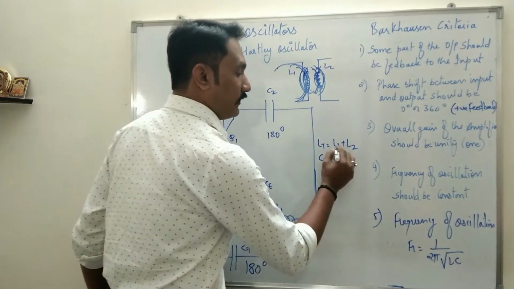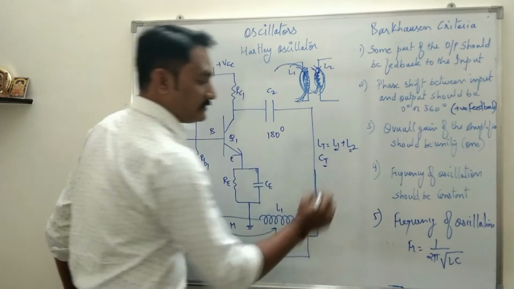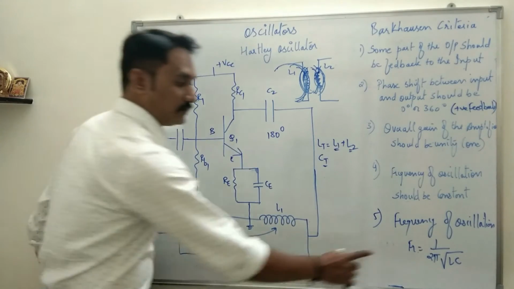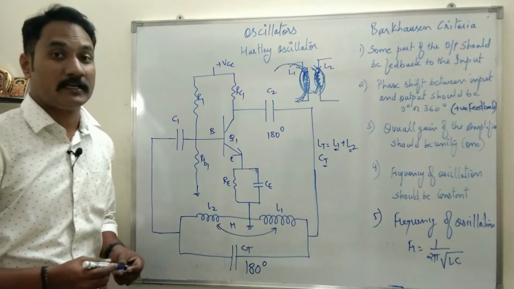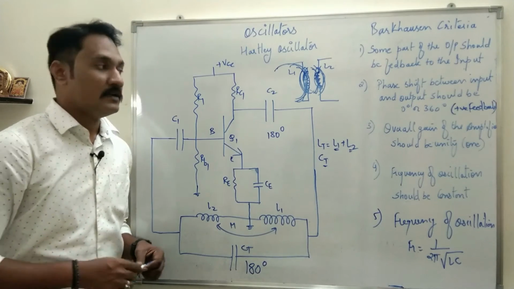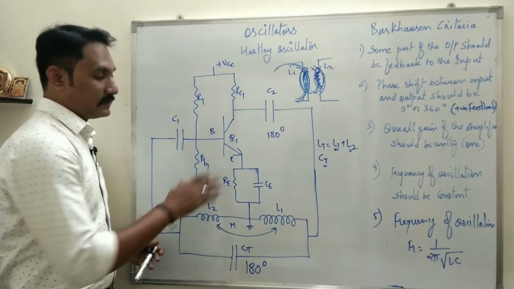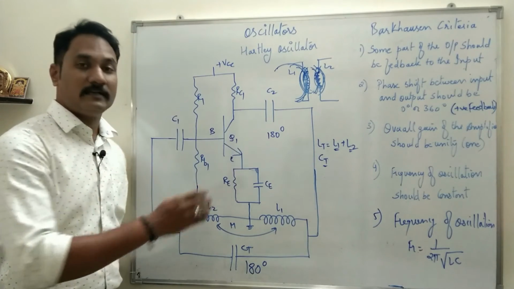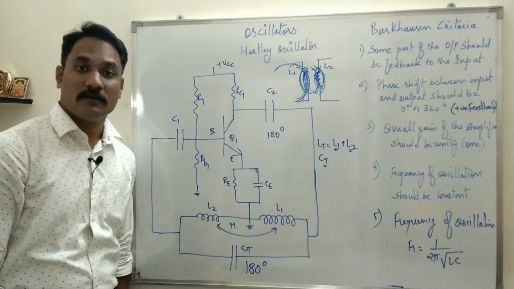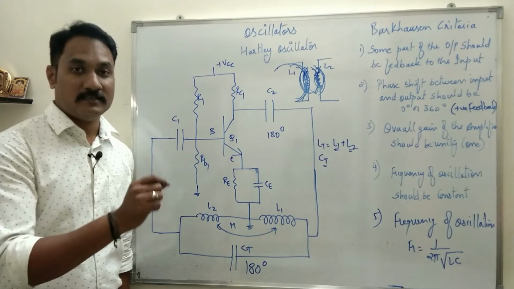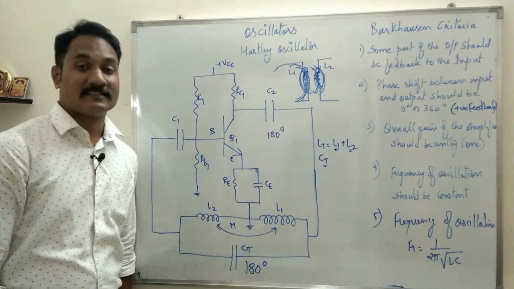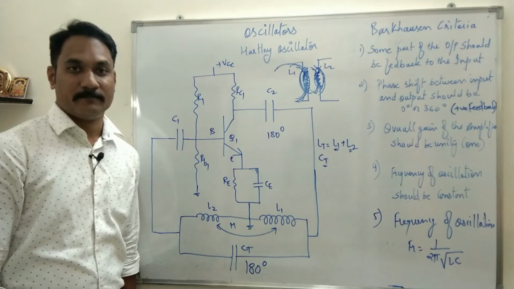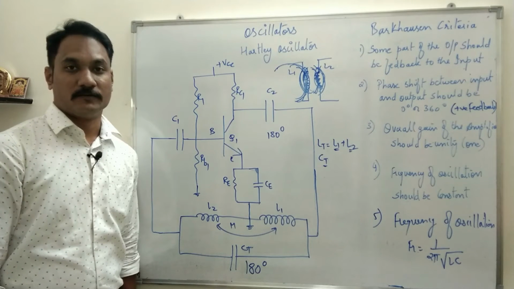So if the values of L1, L2 and CT are kept constant, the frequency of oscillation will be kept constant. So what you can see is the circuit which we have drawn for the Hartley oscillator satisfies all the criteria suggested by Barkhausen. If that is the condition, the circuit will provide sustained oscillation. I hope you have understood.